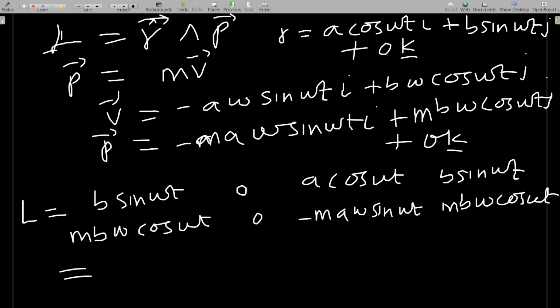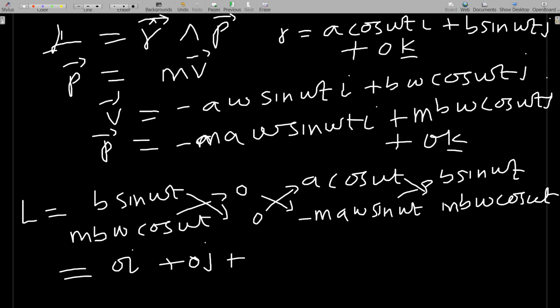Like I said, you just do this and this minus this and that, and that will give me 0i. Then this and this minus this and that will also give me 0j, because 0 times 0 times this will give me 0, 0 times this will give me 0, then plus this times this minus this times that.